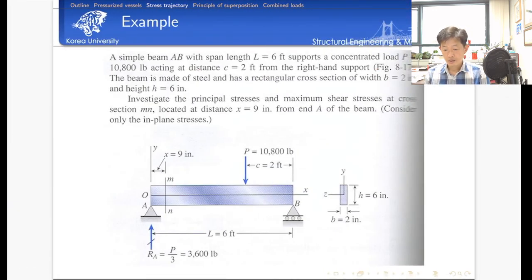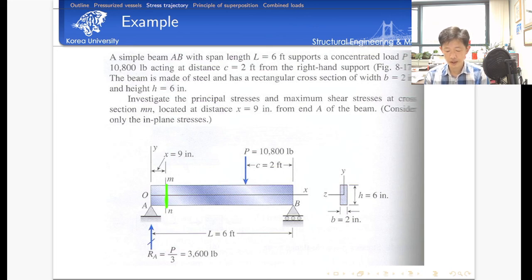Okay, here we have an exam problem. In this exam problem, we have to investigate the stress state in this cross section. To do so, first we have to determine the shear force diagram.